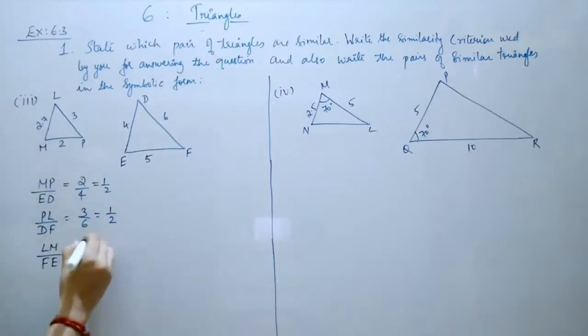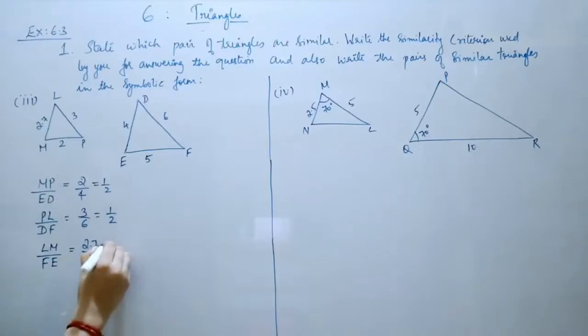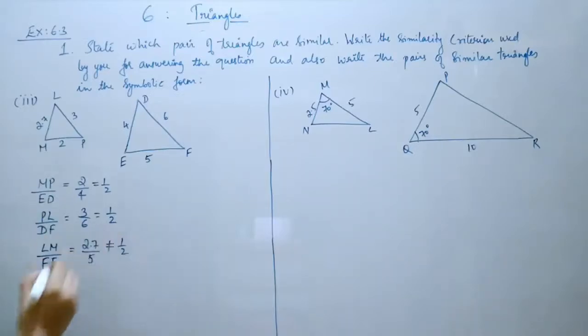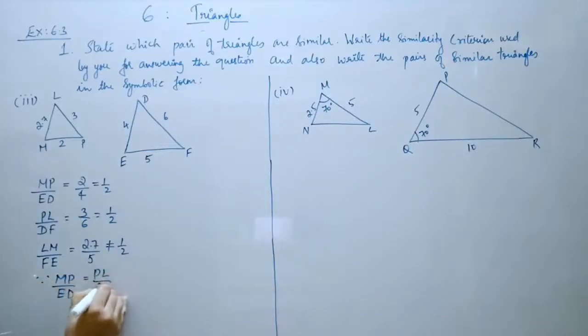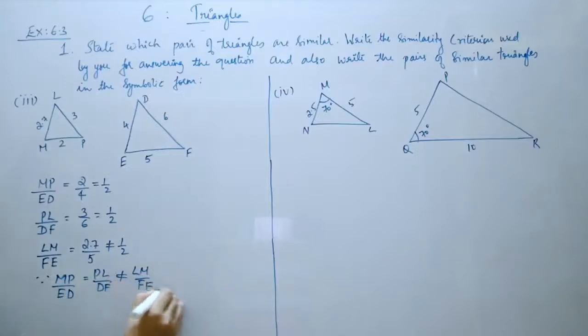Now what is LM? 2.7 and FE is 5, which is not equal to 1 by 2, right? That means you can say that since MP by ED equal to PL by DF, but this is not equal to LM by FE, the two triangles are not similar.